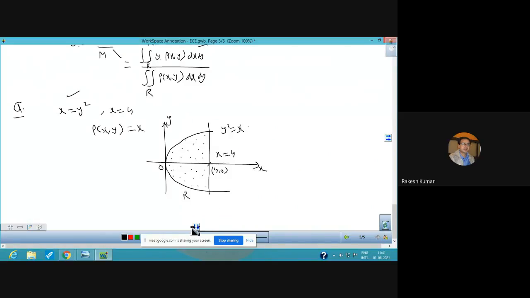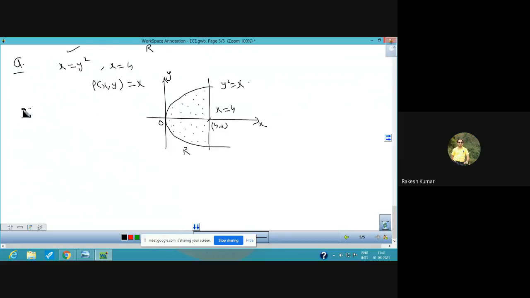Now let us find the mass. The mass is denoted by capital M, the double integral over R of rho(x, y) dx dy. So we need to calculate the integral of x dx dy. The important thing is that over the region R we need to find the limits of x and y. Now x varies from 0 to 4, that is clear.